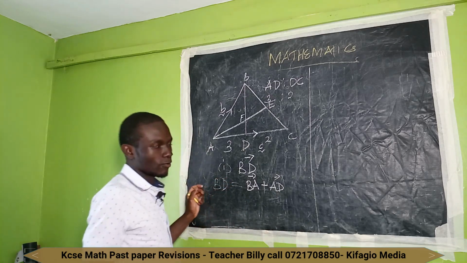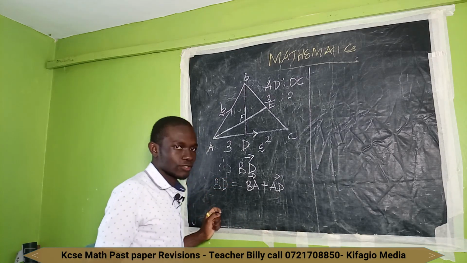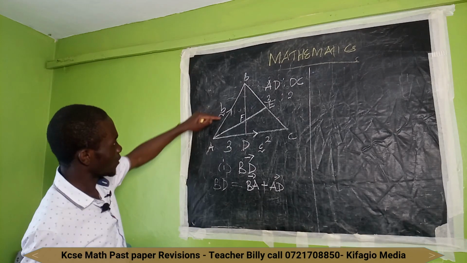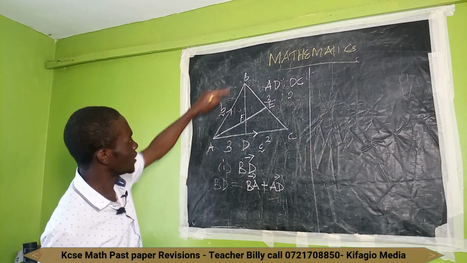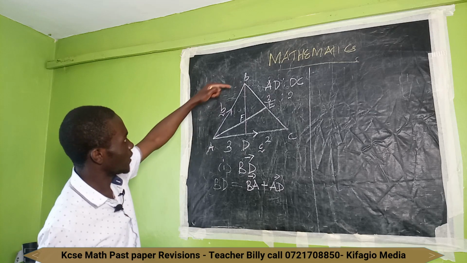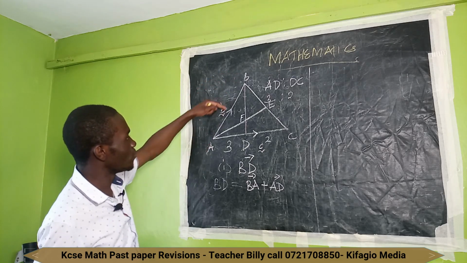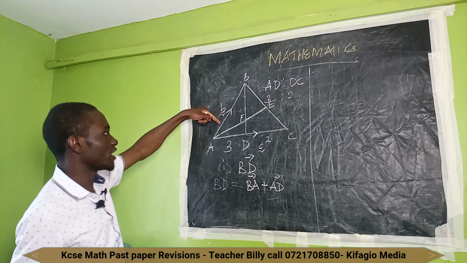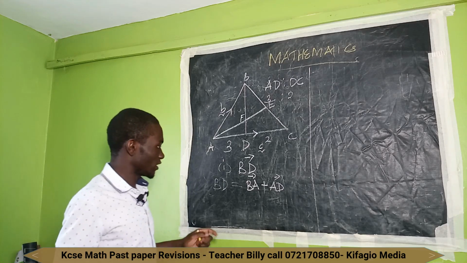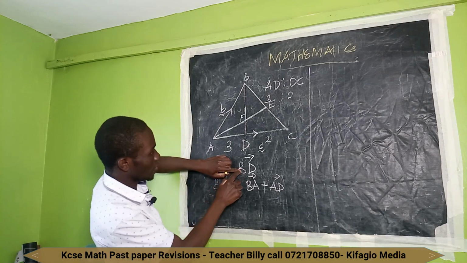Now class, remember a vector is a quantity that has both magnitude and direction. And that's why we have AB in that particular direction. Meaning that if I go BA, I will be moving against the direction, and therefore it will be negative because it's a vector quantity. And how do you denote vectors?